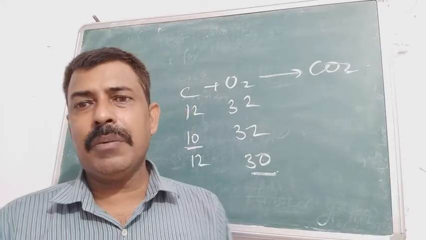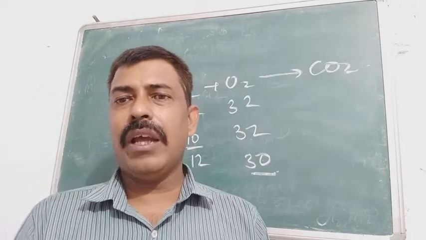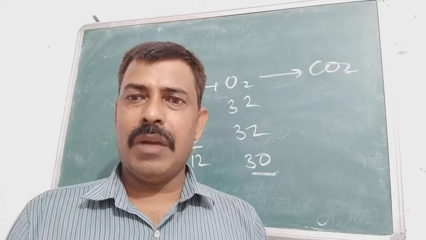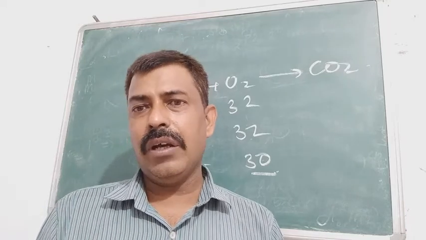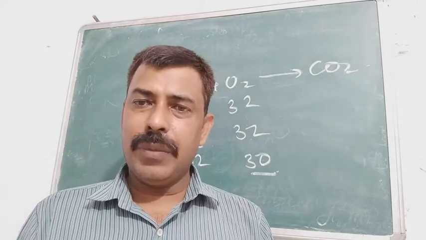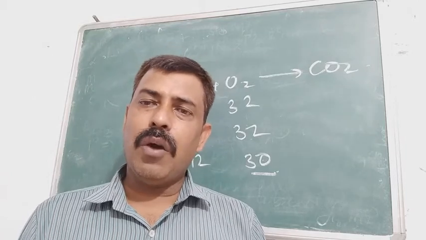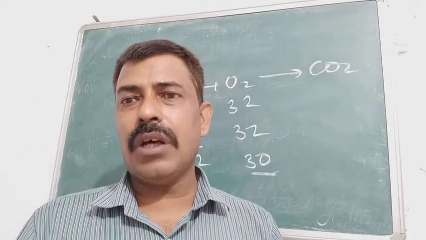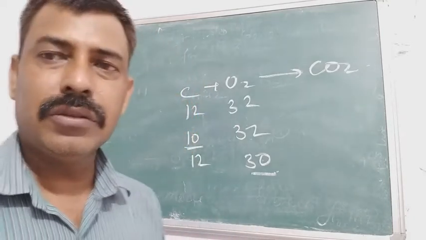So on the basis of the limiting reagent, we can find the amount of the product. I am taking one example, and by taking that example, we are trying to find the limiting reagent as well as the amount of product found in the presence of the limiting reagent.